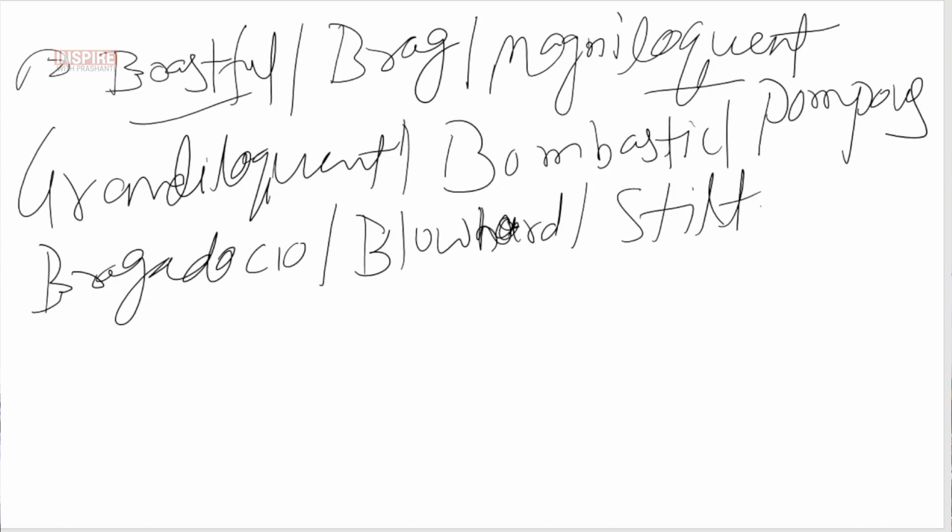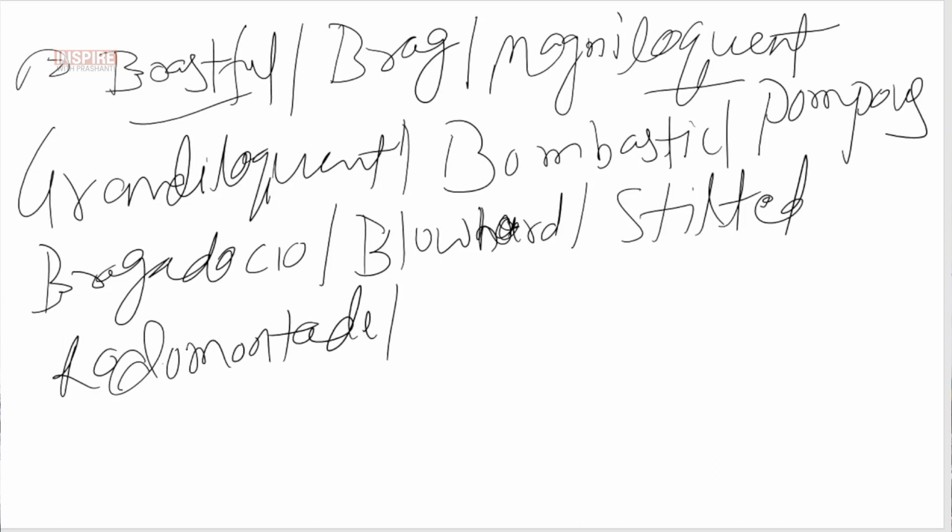If people have their behavior as stilted, another top word that you have to use is rodomontade. Rodomontade, R-O-D-O. So rodomontade, stilted. People sometimes their talks or their claims are lofty. They're talking big about things.